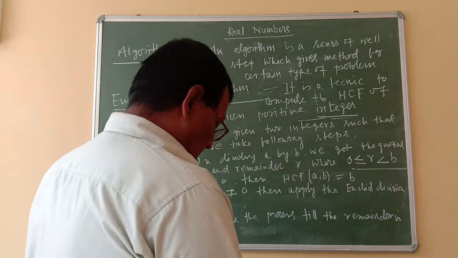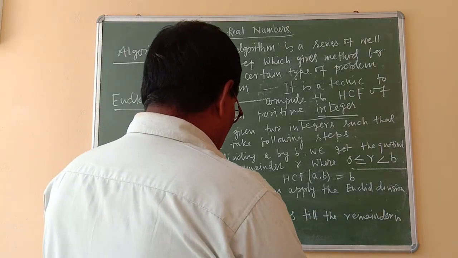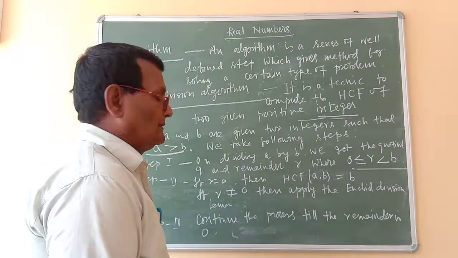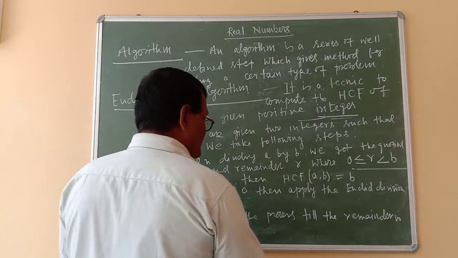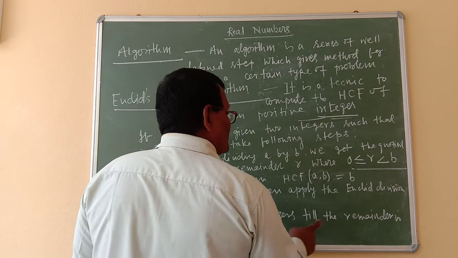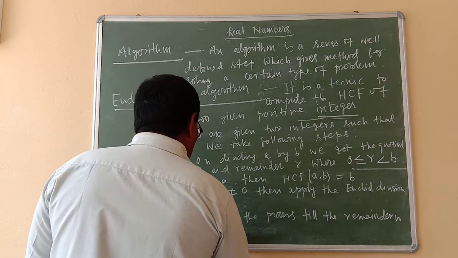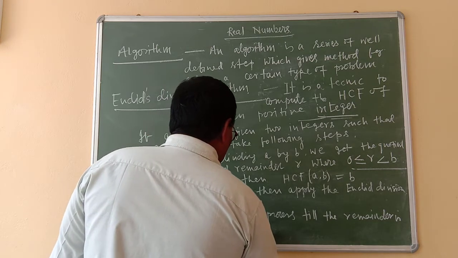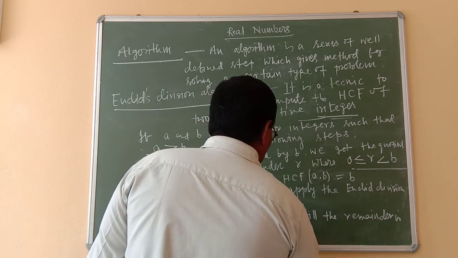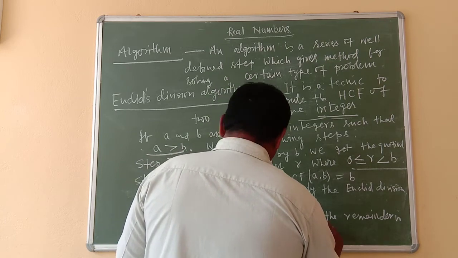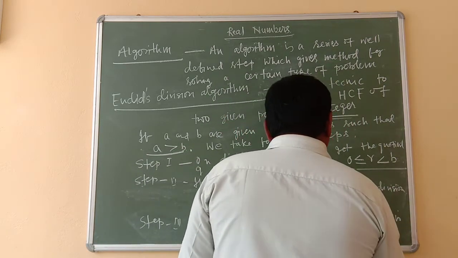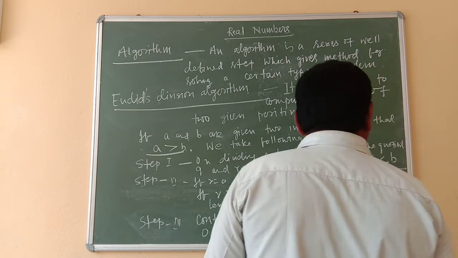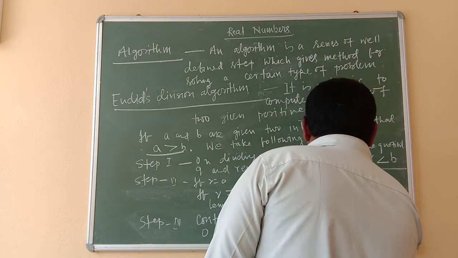If we get the remainder 0, then the last divisor will be the required HCF.